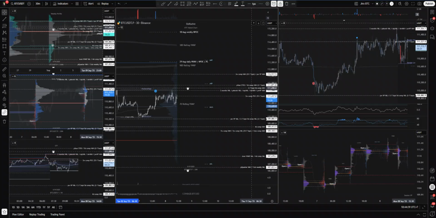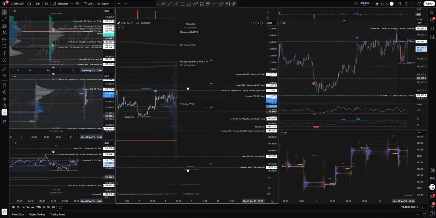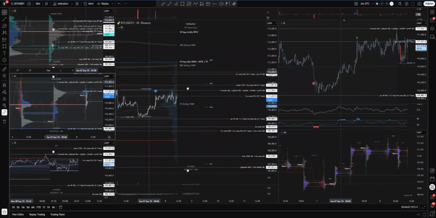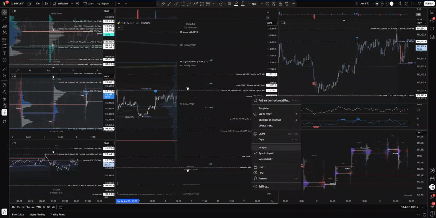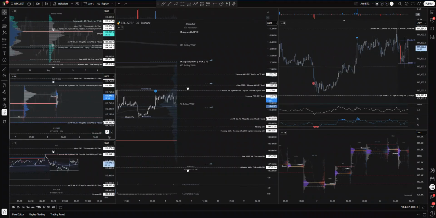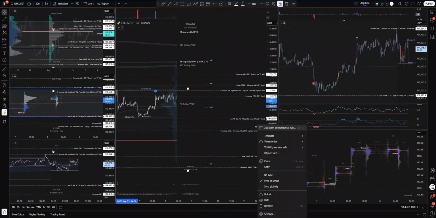Okay, I actually mark it here, but I think I'm gonna delete this one. This one, no need to sync. 4-day composite, also no need to sync.